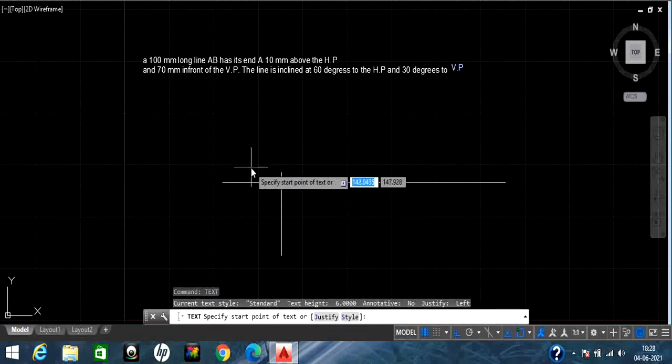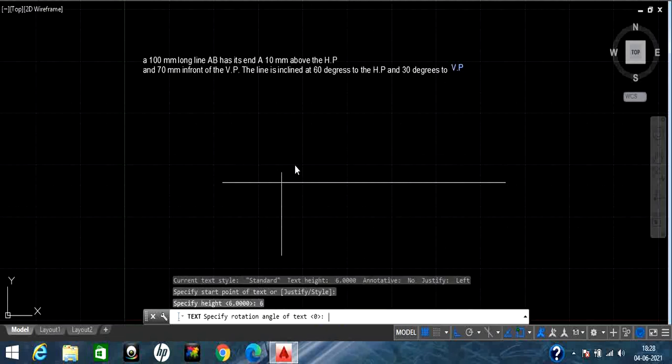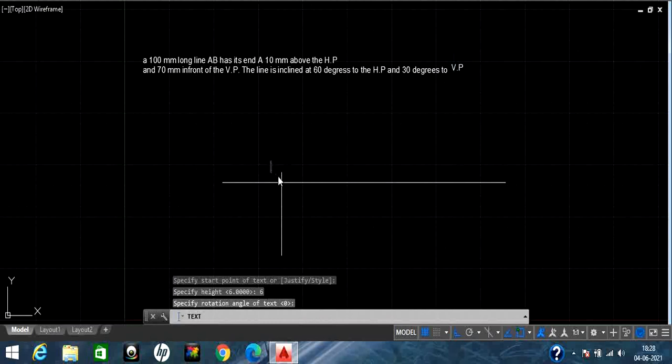This one is A dash, the front view of the point, and this one is A, the top view. This is the X and this is the Y reference line. Now draw a 100 mm long line at 60 degrees to the HP, starting from A dash.